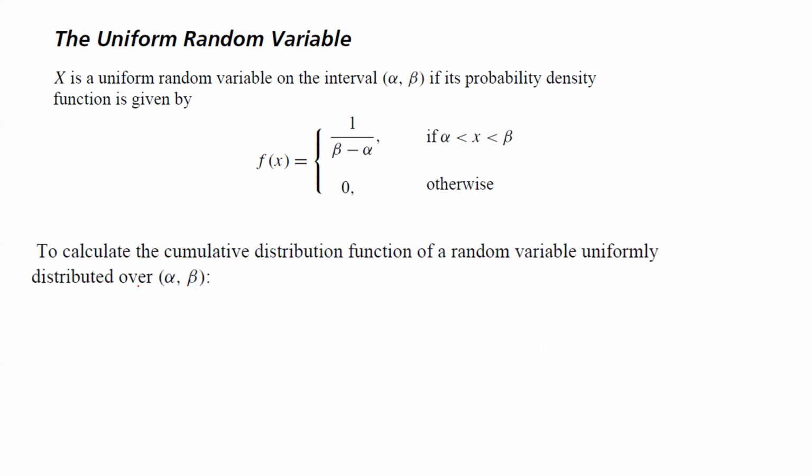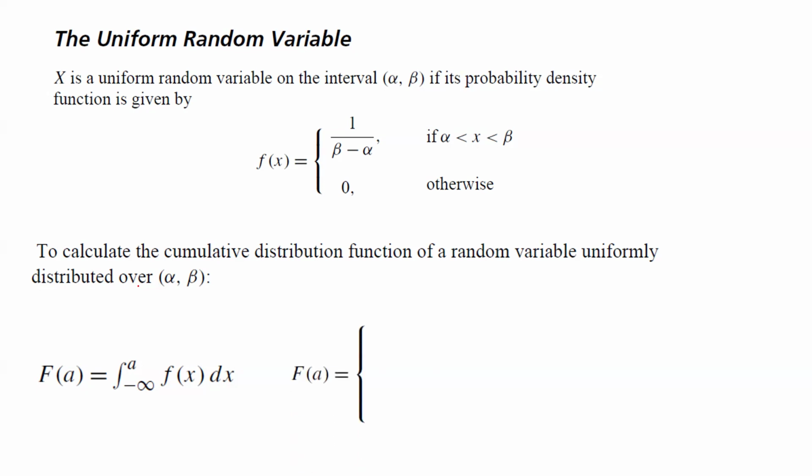To calculate the cumulative distribution function of a random variable uniformly distributed over the interval alpha to beta, we know that F of a is equal to the integral of f of X dx, where X is bounded between negative infinity and a. This is the area to the left-hand side.